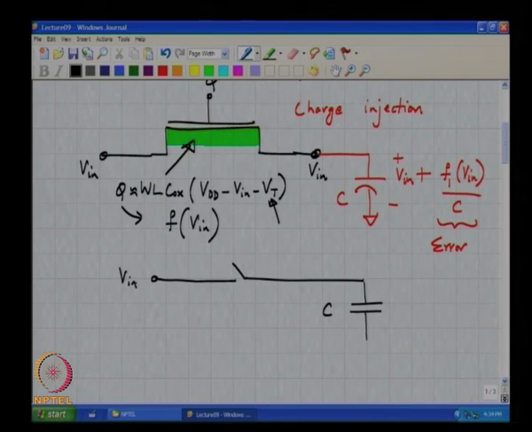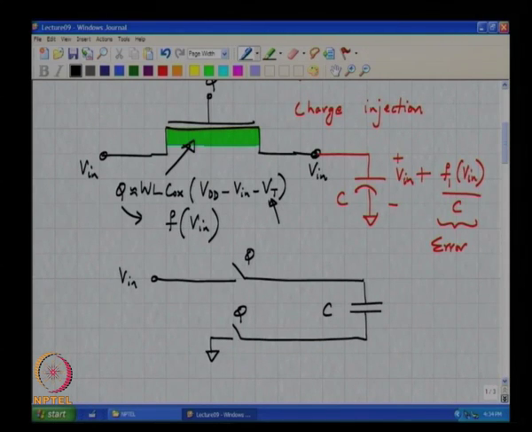Earlier the bottom plate of the capacitor was being connected to ground, correct. In principle there is nothing wrong if I use another switch in the bottom plate.